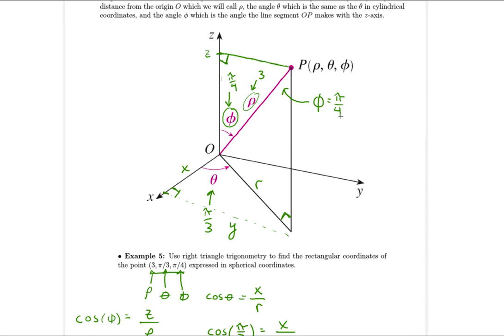So what that tells me is that the sine of phi, or the sine of pi over 4, has to equal r, the opposite, over rho, the hypotenuse. So the sine of pi over 4 is equal to r over 3.